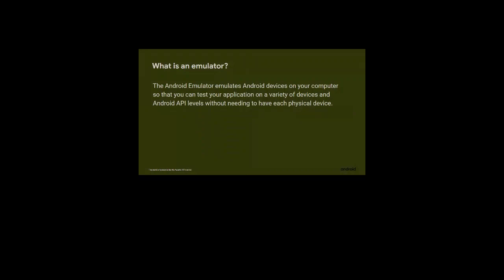But in order to see the output, first you have to run the app somewhere, right? So for running your app, you need an Android device. But the problem with that approach is everyone has different types of devices, right? Some devices have newer versions, some devices have older versions, and the app won't function the same way on all versions of Android.